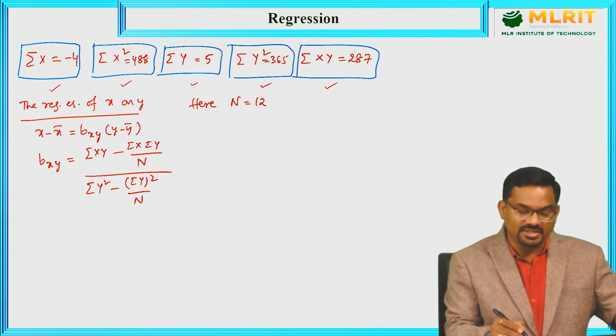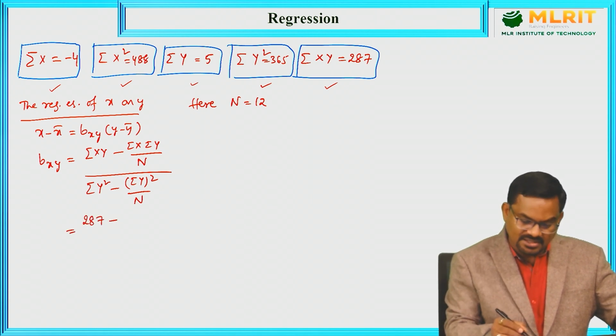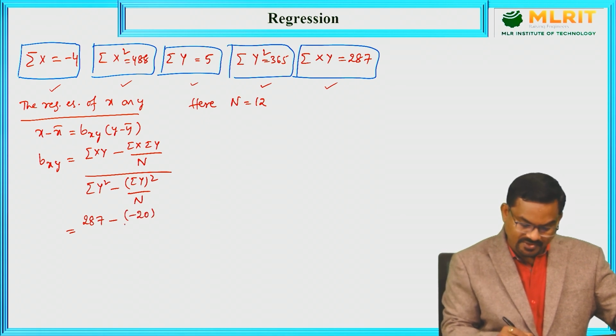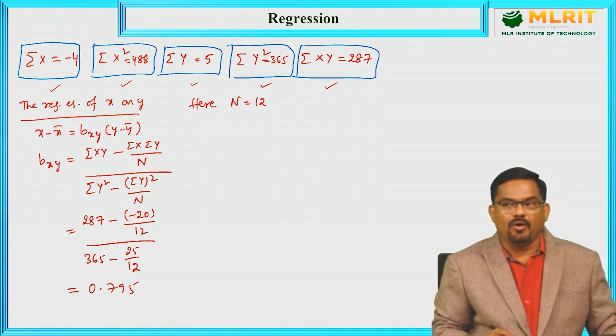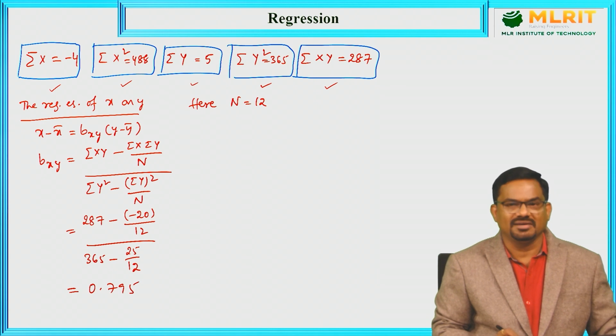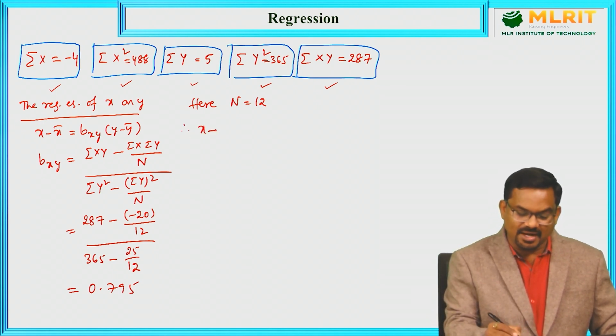So, using this formula and substituting all the values, sigma xy is 287 minus sigma x into sigma y, so minus 20 divided by 12, whole divided by sigma y square 365 minus sigma y whole square 25 by 12. So, after simplifying this, we get 0.795 and therefore, the equation is x minus x bar.